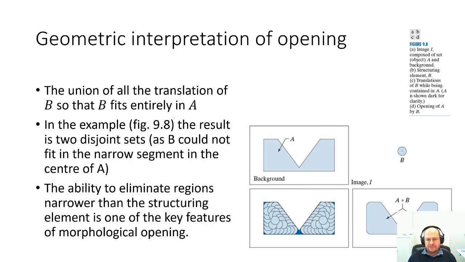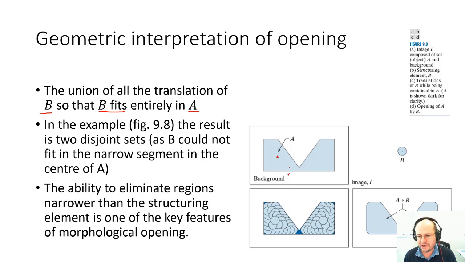Now, you can understand opening as the union of all the translations of the structuring element B, so that B fits entirely in A. So given the initial image A, this kind of V-shaped, upside down box with a V shape in the middle, this is the foreground, this is the background.